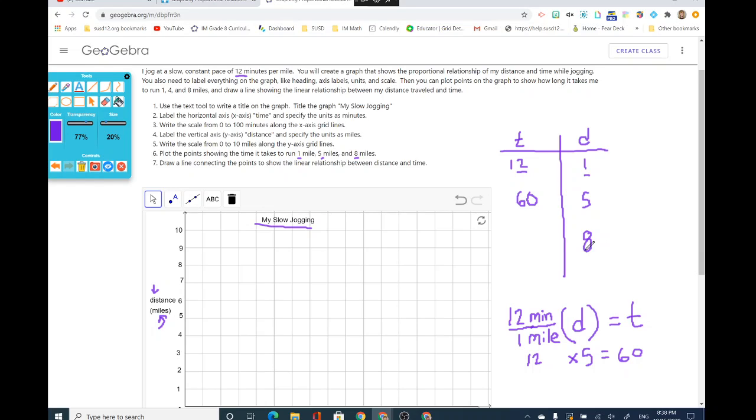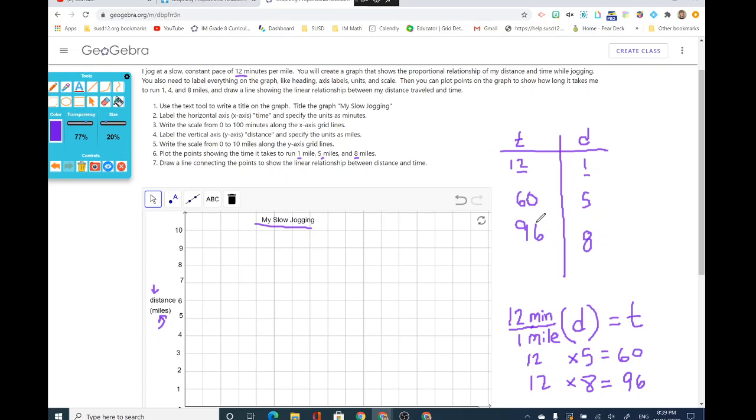Okay, now if I've gone 8 miles, then how many minutes does it take? So put the constant proportional thing here, 12 minutes per mile times 8 miles means it took me 96 minutes. There, I did math in my head. I'm exhausted. And I'll fill in this table here.